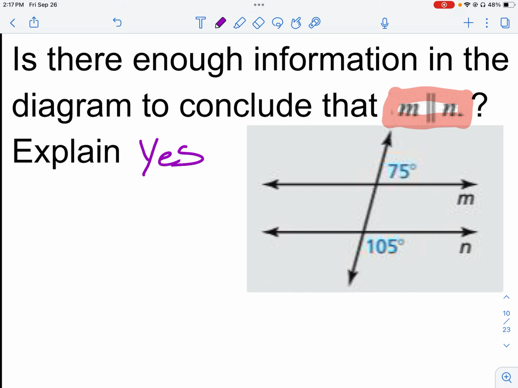Well, right here we have a linear pair. So this has to be 75 degrees because a linear pair is supplementary. Well, the corresponding angles are congruent. They're equal to each other.